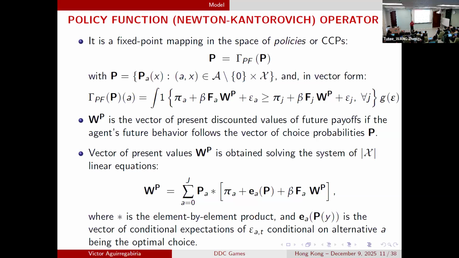I'm going to assume that I'm going to behave in the future according to these choice probabilities. This gives me this valuation. And then, taking that as given, I'm going to best respond today by obtaining the best response choice probabilities today to those beliefs about my behavior in the future. That will give me a new vector of choice probabilities. And that is the policy improvement operator.